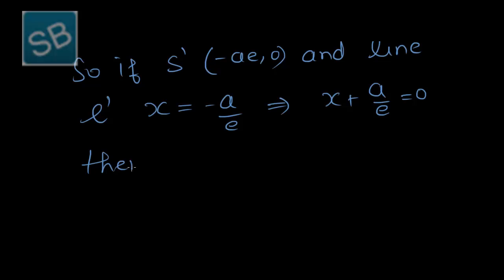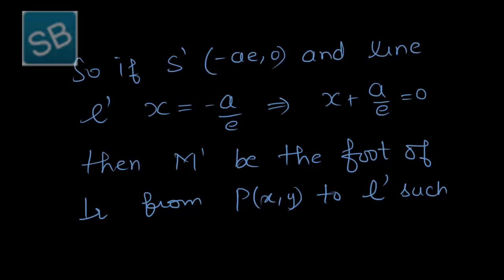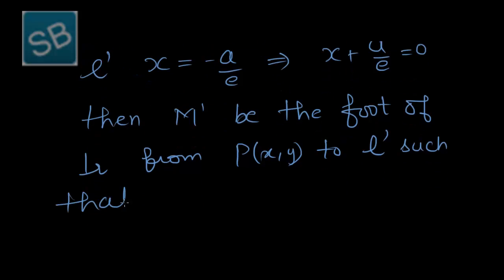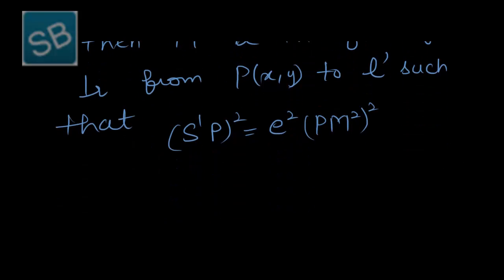then M dash be the foot of perpendicular from P of x, y to L dash, such that the above equation becomes S dash P whole square is equal to e square P M dash square, that is, perpendicular distance of P from the line L dash.